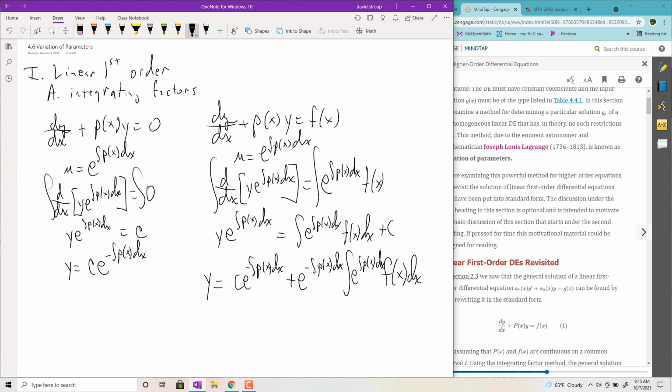So comparing the homogeneous version to the non-homogeneous version, you can see that this thing is our complementary part, and then this is the particular part.